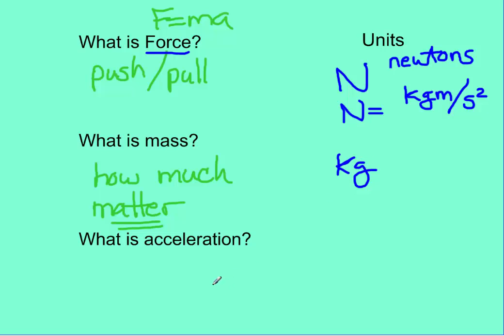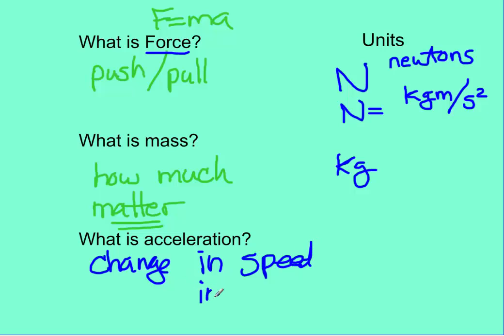And then finally, what is acceleration? It's a word that we use a lot in our day-to-day life. That car is accelerating, but we haven't really talked a whole lot about it scientifically. Acceleration is a change in speed or a change in direction. Both of those would be an example of acceleration.